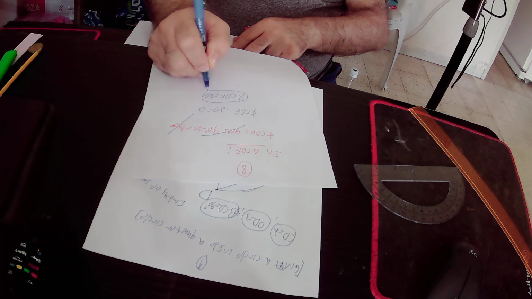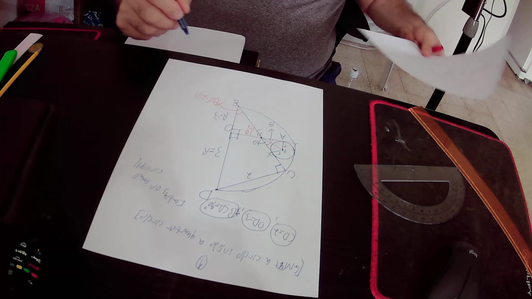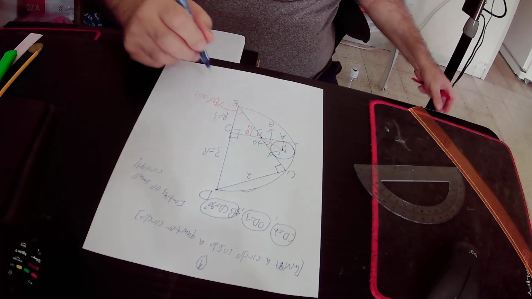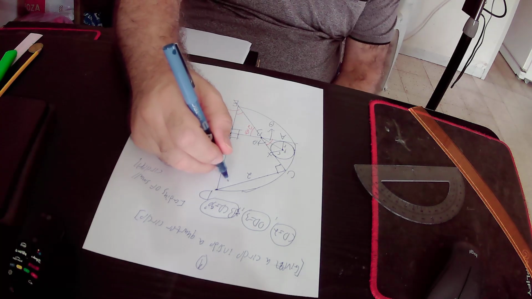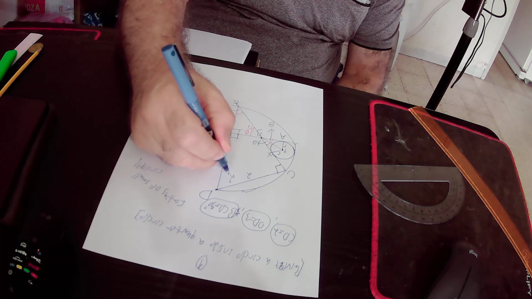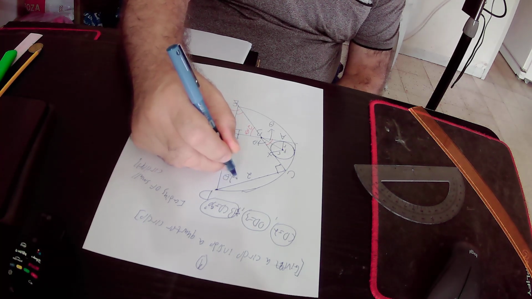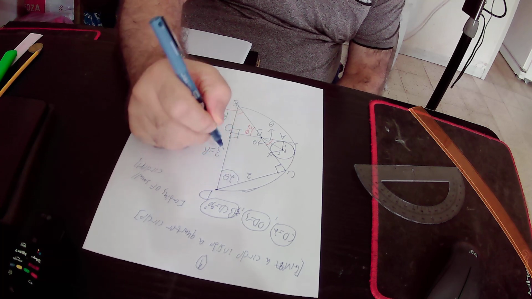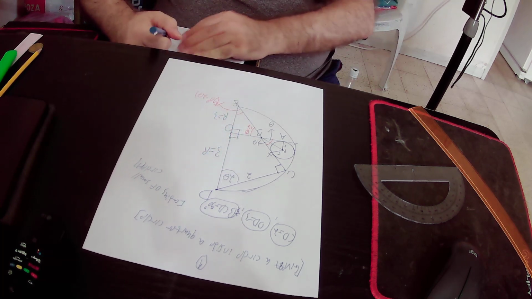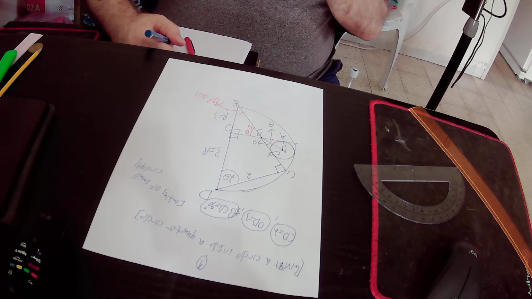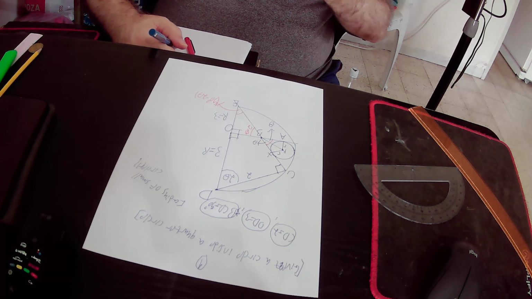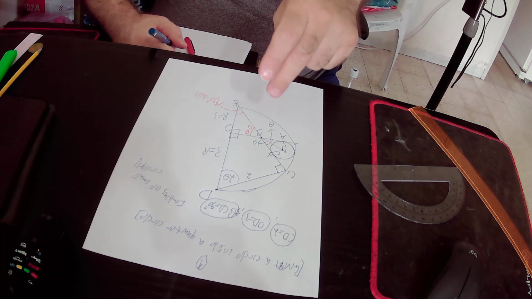Okay, the size of angle CDE here, this angle, equals 2 theta. Okay, and we will continue to focus on triangle CDE.